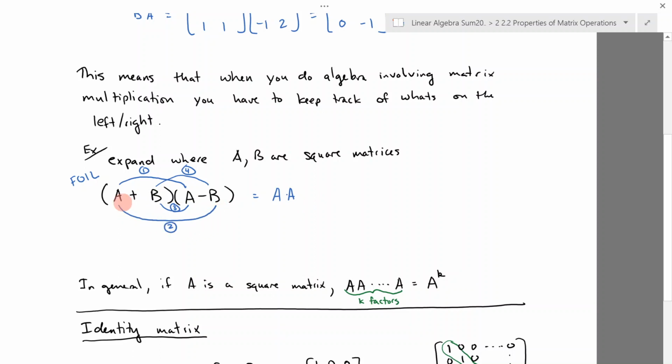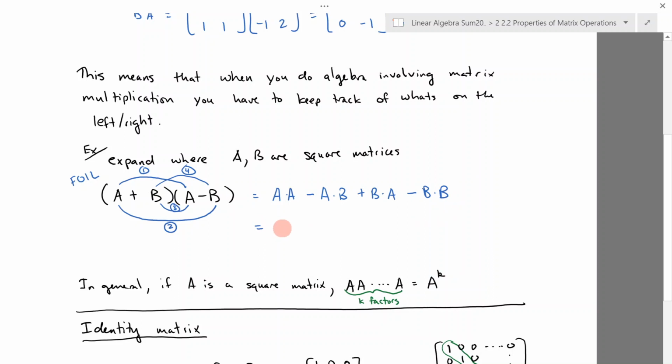A is on the left, B is on the right, so that's A times B. And it's minus, because this is positive and this is minus, so that's minus A times B. And third is B times positive A, so B is on the left and A is on the right, so that's plus B times A. And then fourth is the last, so B times B, so minus B times B.